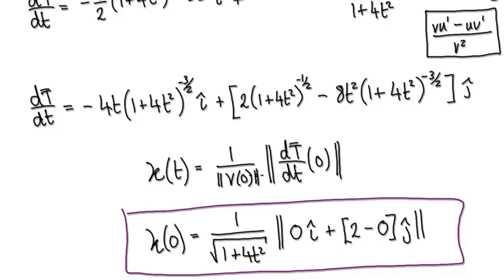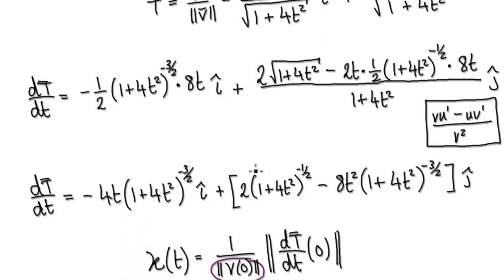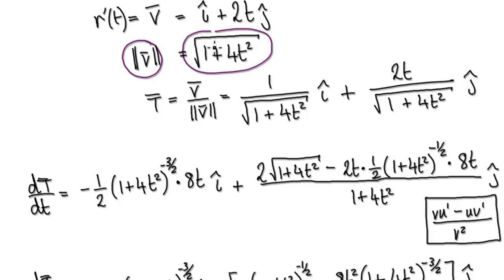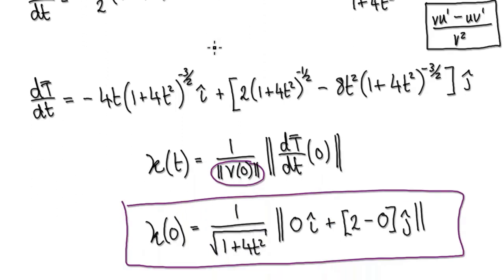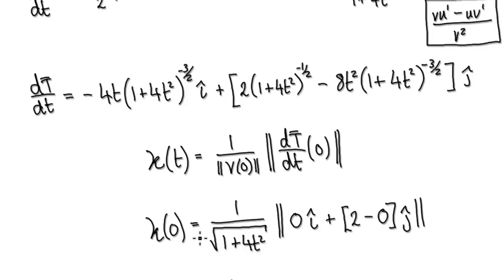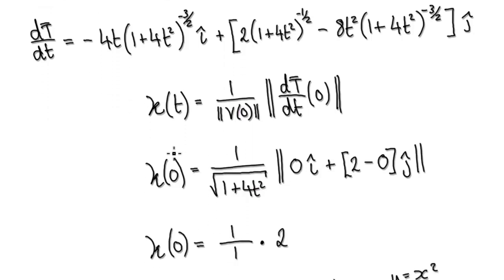Okay, and the magnitude we've worked out earlier. The magnitude was this. So we've worked out the magnitude of v. But then don't forget, we need to evaluate it at 0. So later on, you need to put 0 into the t. Well, the curvature evaluated at t equals 0 would be given by, well, this thing here would be 1.